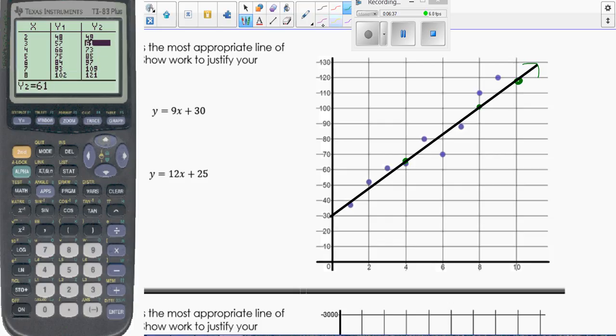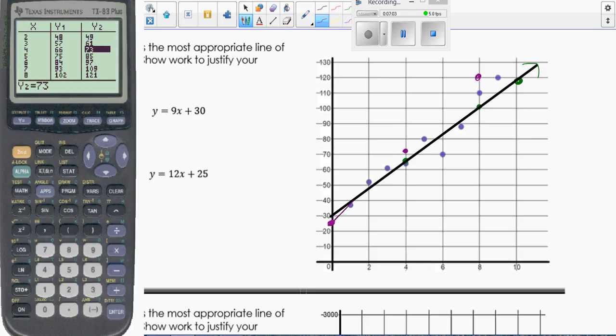The other one we know is going to start at 0, 25, since that's the y-intercept. So it's starting a little below the other one. At 4, it's at 73. And then at 8, it's at 121. So you can see that this does not follow the data.